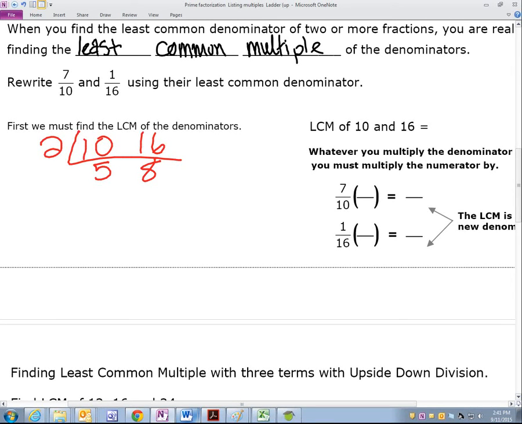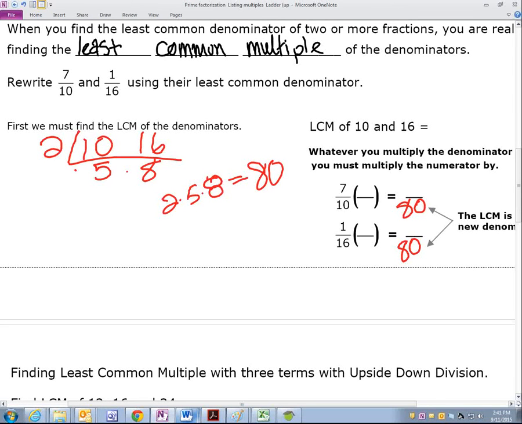So now we need to go everything on the outside of the ladder. So we go 2 times 5, which is 10. 2 times 5 times 8, which equals 80. So the new common denominator is 80.